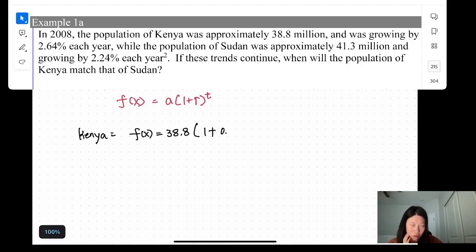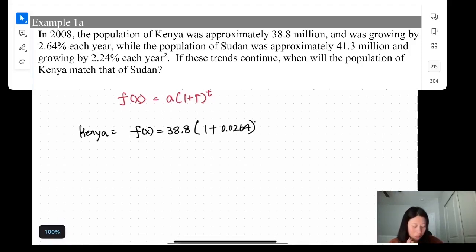We need to convert the rate to a decimal, which is 0.02684, to the power of t. And the population growth model for Sudan, starting with 2008, is 41.3 million times 1 plus the growth rate, 0.0224, to the power of t.